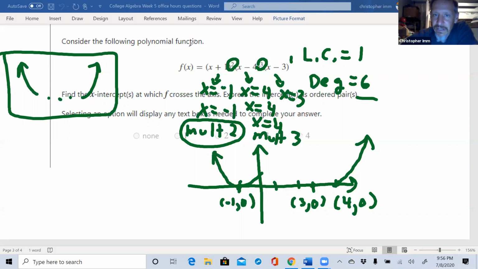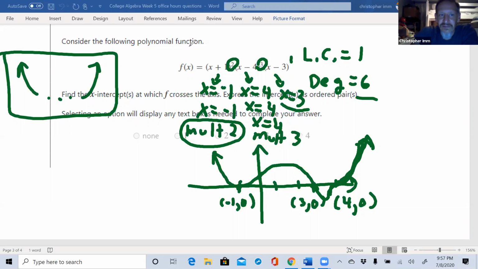The 0 at 3 doesn't have any power on it. So when we get to 3, it's going to do just like a line. So it passes through smoothly, just like a line. Notice this 0 at x is equal to 4. Well, it has an odd degree, so it's going to pass through, but it's going to flatten out a little bit like a cubic. So at this 4, it sort of flattens out and goes up like that. You can see the little turn in the graph if you were to plot it.